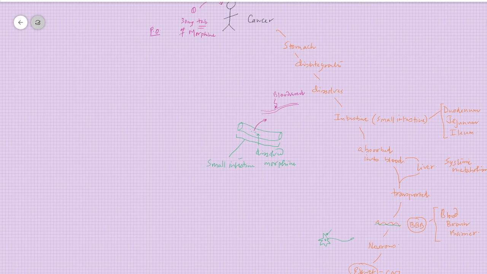And then it has got the effect. So what is clear here is that the drug morphine has to cross membranes. In case of morphine, we see that it crosses the intestinal membrane. So let's write it down here.